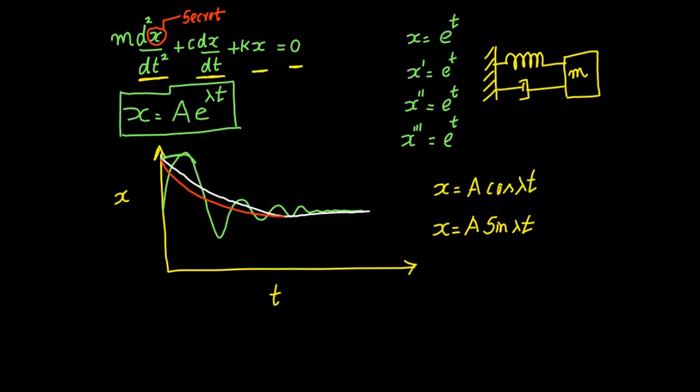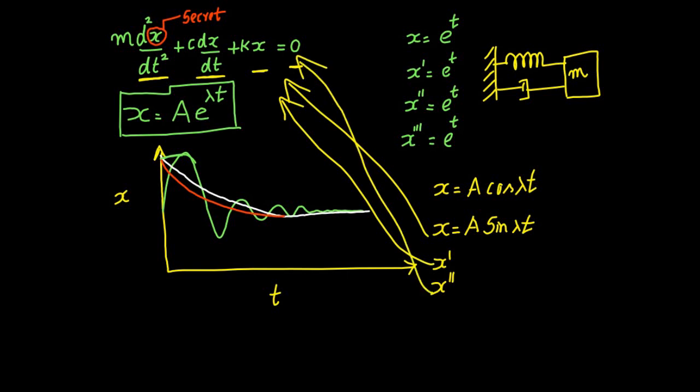Why don't we start assuming solutions like this and start feeding x dash, the one time differentiation, x double dash, and all the values in this particular differential equation? If we start feeding all these values in this differential equation, then what do you think you are actually going to get?